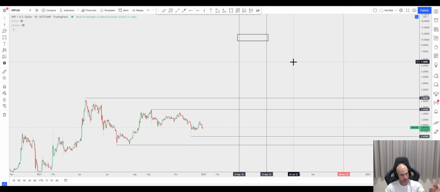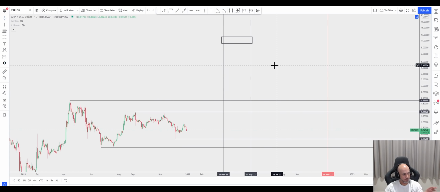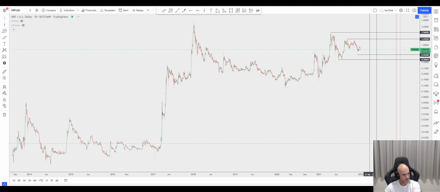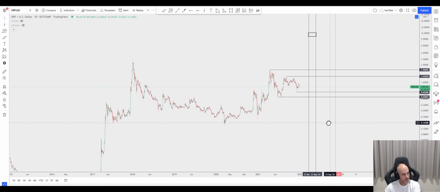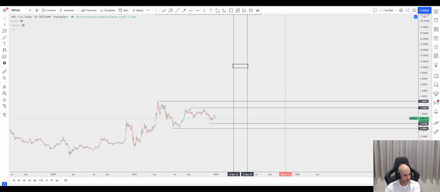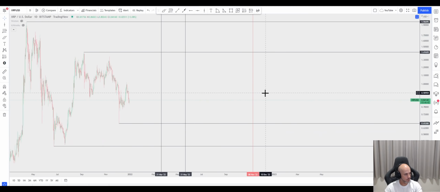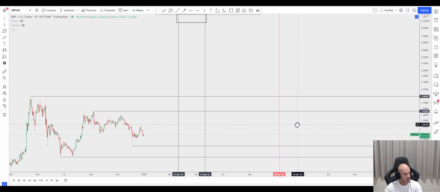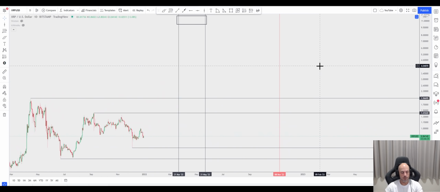March or May. Oh, and by the way, folks, this is not a cup and handle. This is not a cup and handle. This is bullshit. Okay? Why? Just a second. What is a cup and handle?